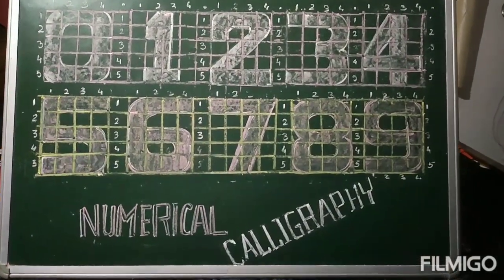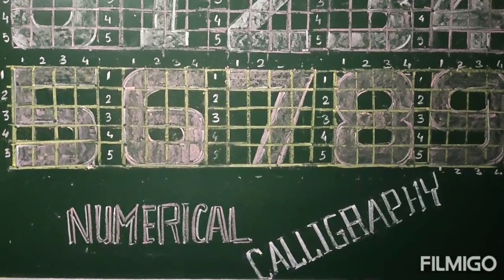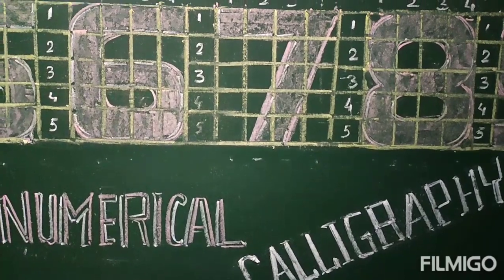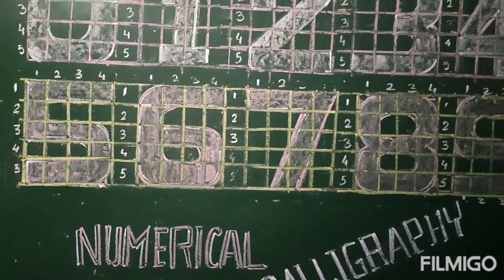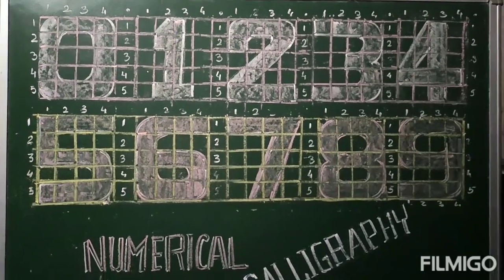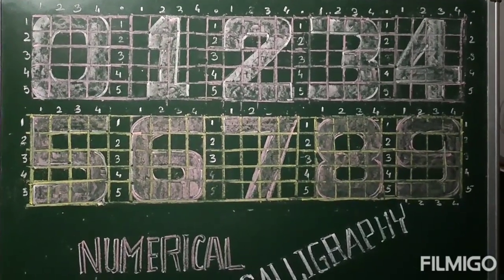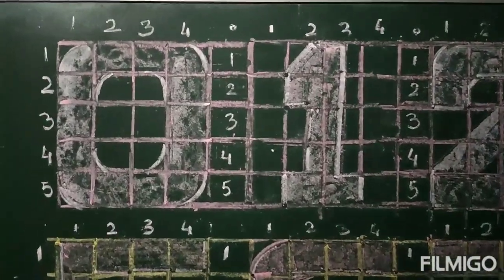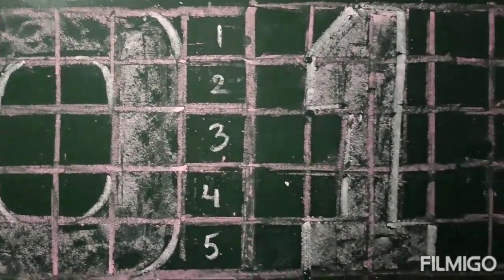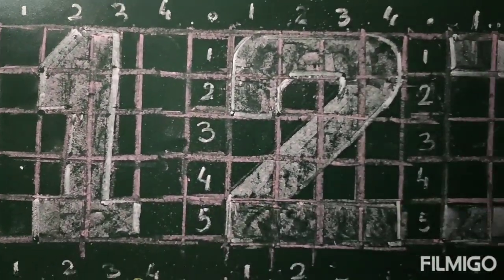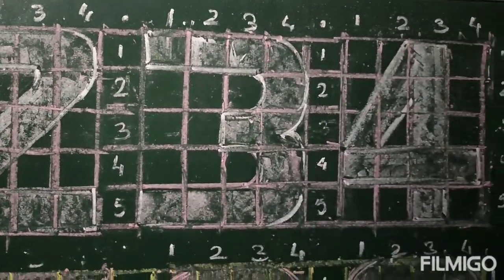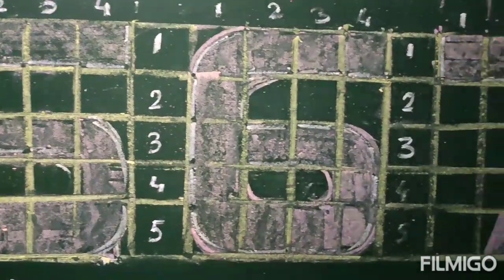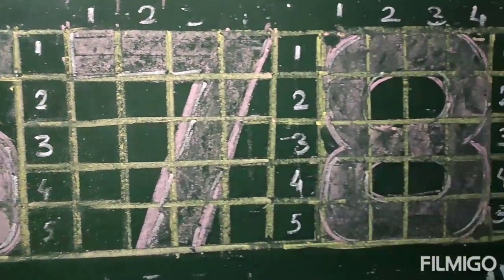The knowledge of calligraphy will be incomplete without numerical calligraphy study, right? So we'll follow how to write the whole numbers in the calligraphy way. We'll start with 0 and continue with 1, 2, 3, 4, followed by 5, 6, 7, 8, 9.